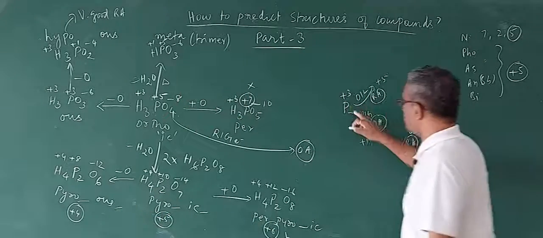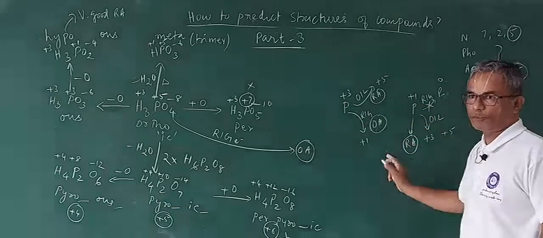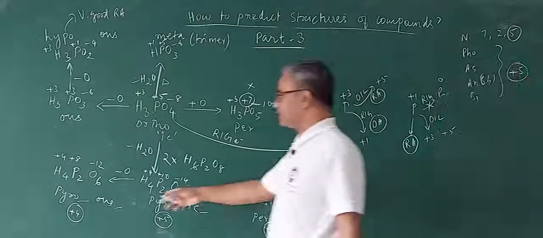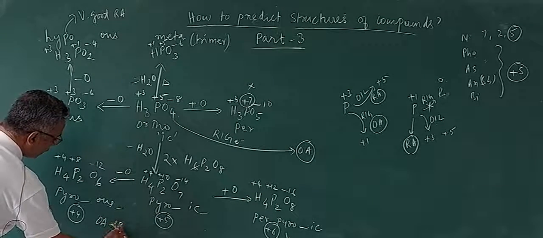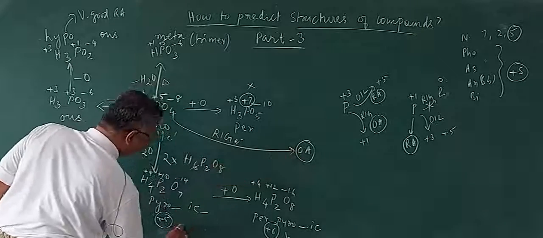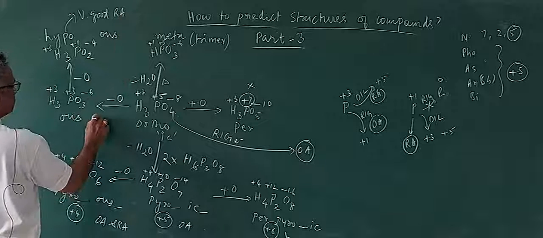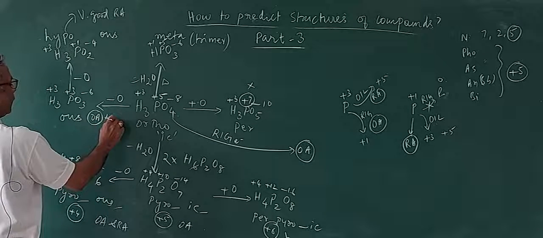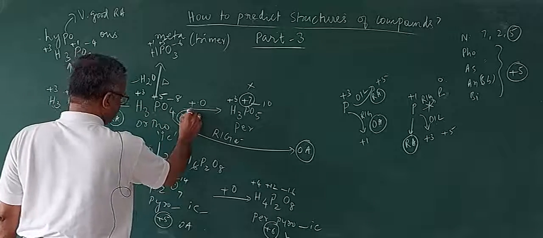Again, as I told you, +4 means it can go to either +5, or it can come down to +3 or +1, which means this can act as both OA and RA. This can act as only OA.